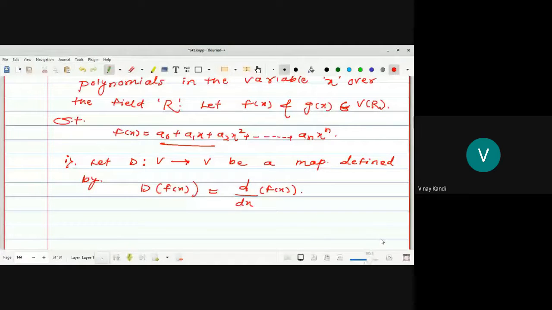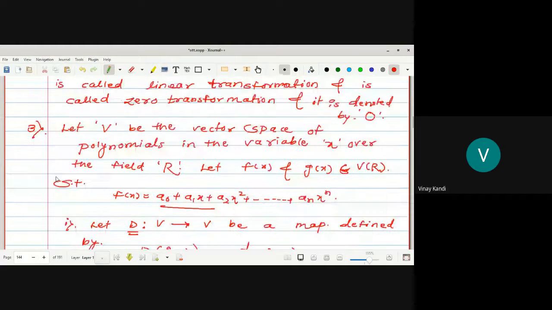So D of f of x is equal to d by dx of f of x. Evidently, D is a well-defined function. What we have to show is that D is a linear transformation.